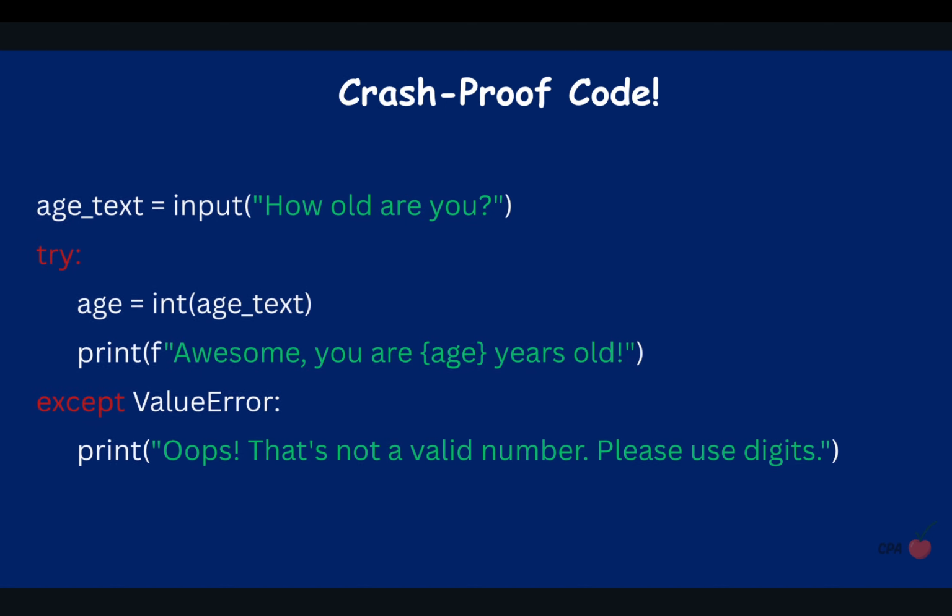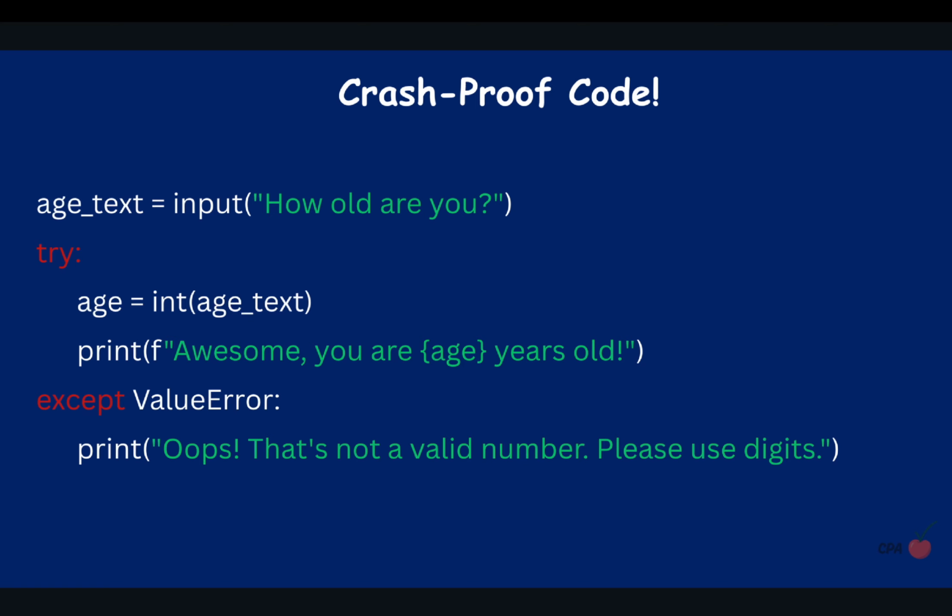So let's look at our new code that is ready for anything that the user throws at it. This is the new code now. We see that we have put the line that was dangerous, the risky code that might crash, inside this try block. And in the except block, we're just asking the user to please use digits instead of words, basically.